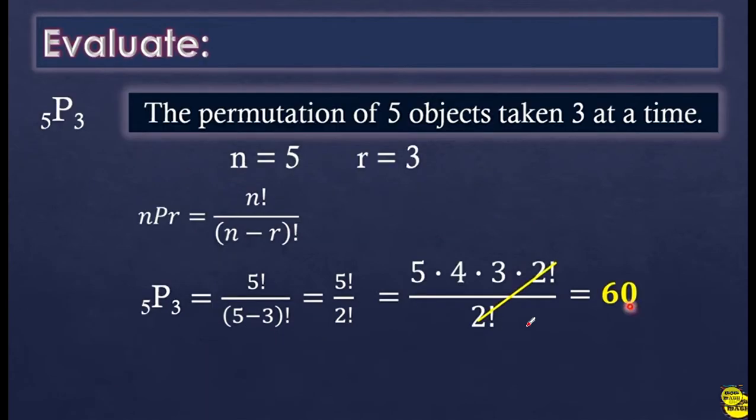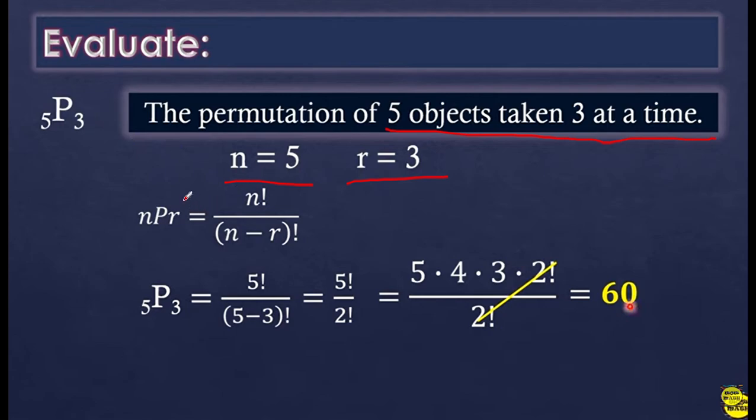We will have to evaluate an example here. So the permutation of 5 objects taken 3 at a time. So kinsa man ang ating n diri, that's 5. Ang ating r, that's 3. So mahimo siyang P of 5 taken 3 at a time.